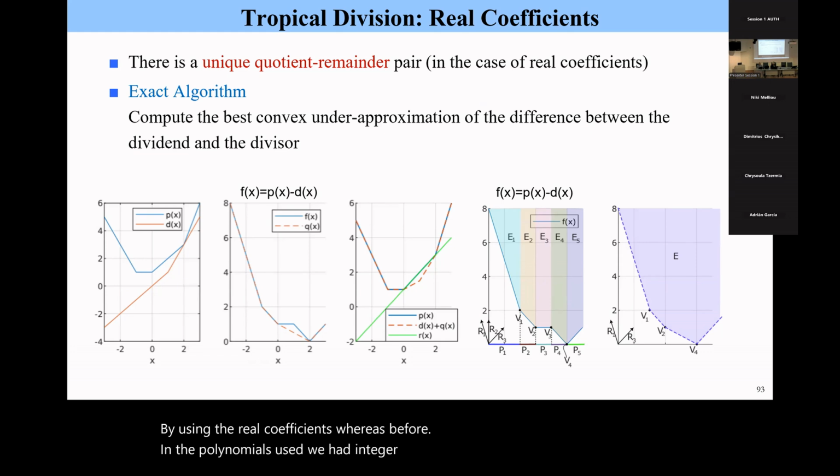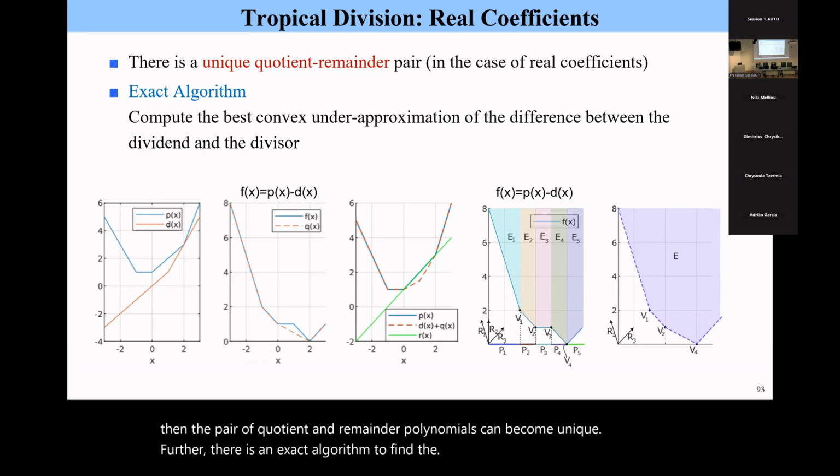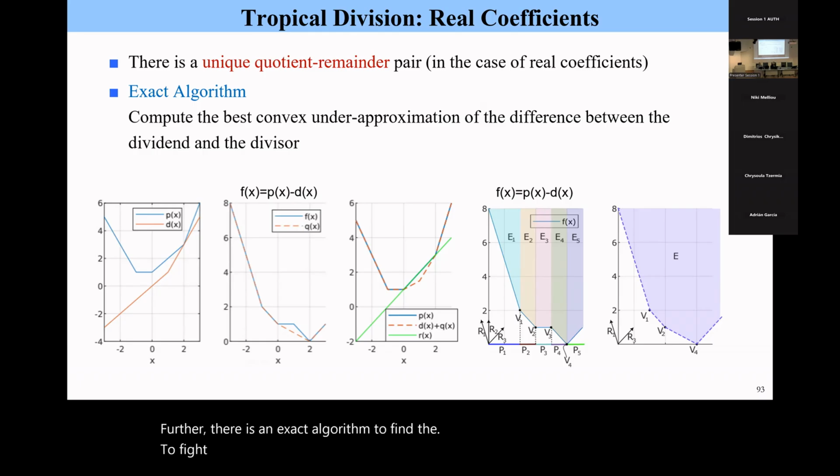So now if we use real coefficients, then the pair of quotient and remainder polynomials can become unique. Further, there is an exact algorithm to find the quotient, which goes as follows.